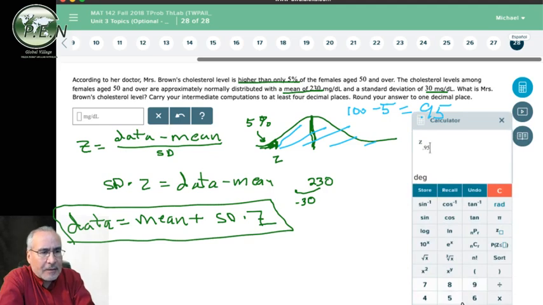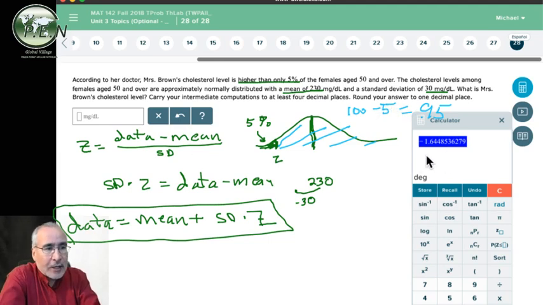I think we do 0.95, or maybe we do 95. Let's see if that works. Yeah, negative 1.64, because they want us to use 4 decimal places and then round. Okay, that's a z-value. So now we use this formula.